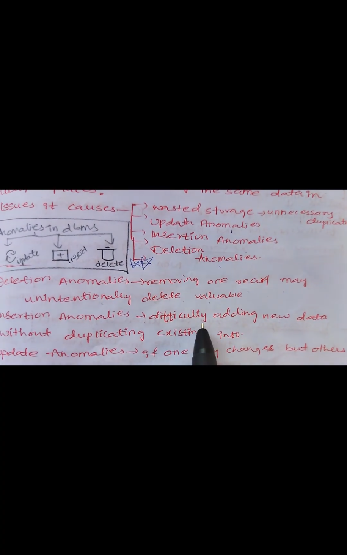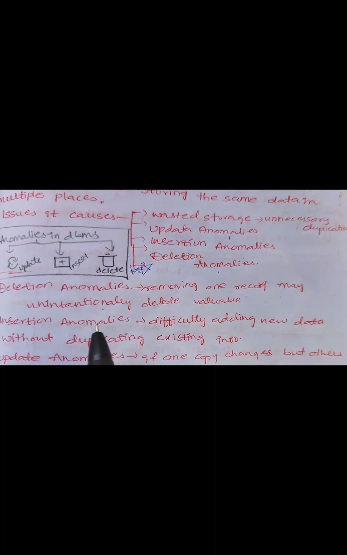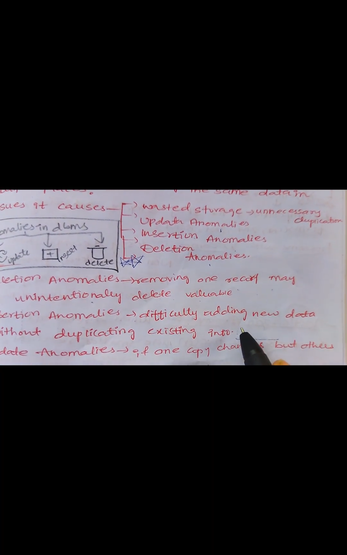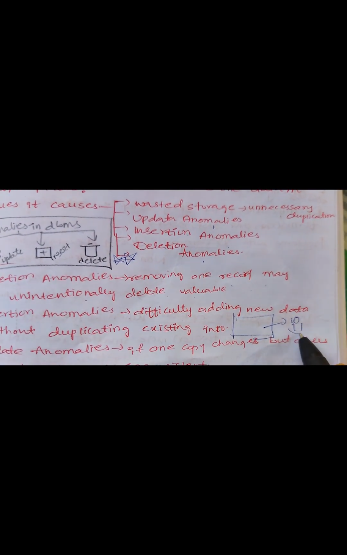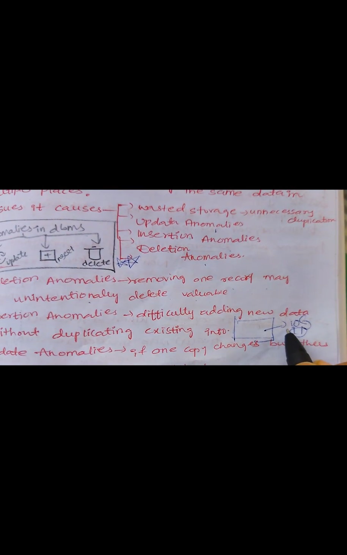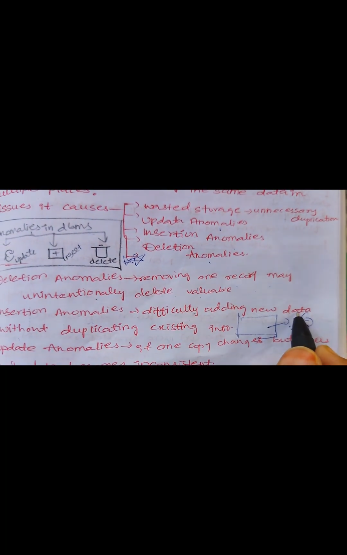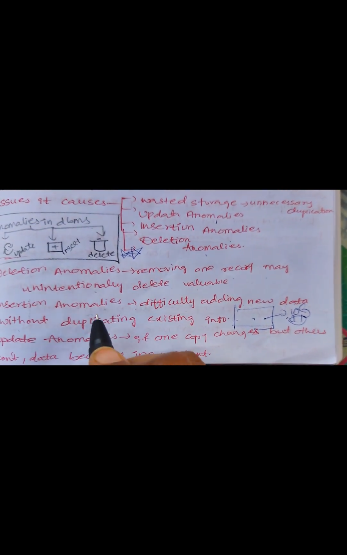Insertion anomalies: it is difficult to add new data without duplicating existing information. There is no space in the data. If a table contains 10 rows, there is no space for an 11th element in the table, so it has insertion anomalies. Adding new data is difficult, like an 11th element in a table. It is known as the insertion anomalies concept.